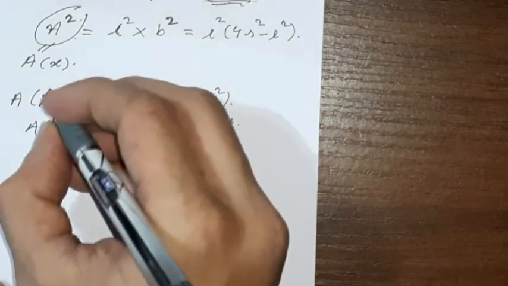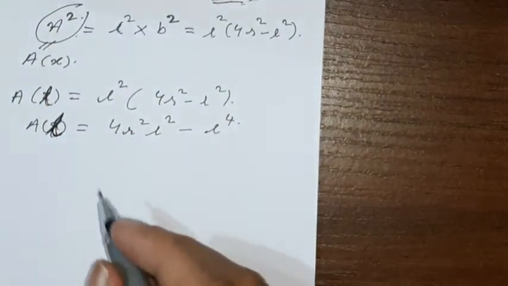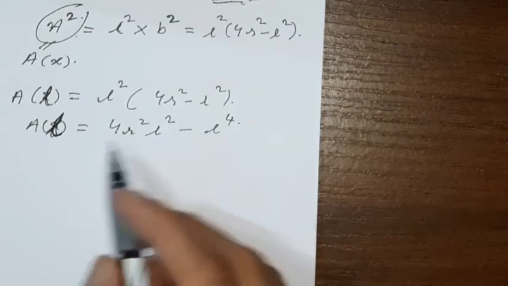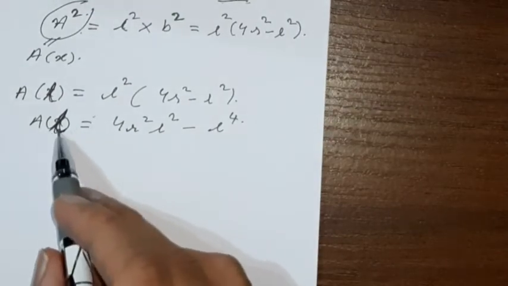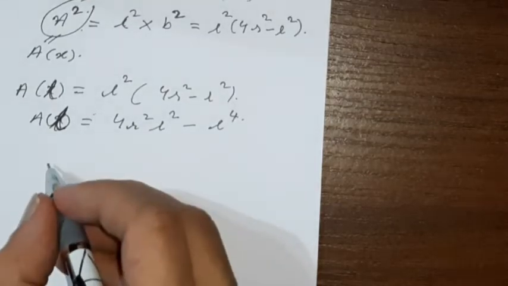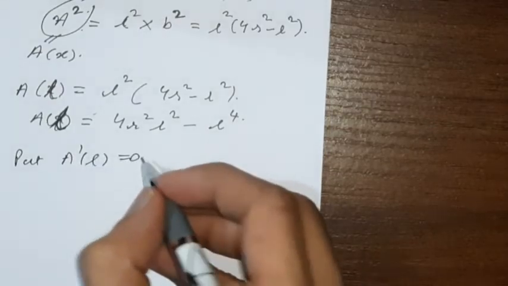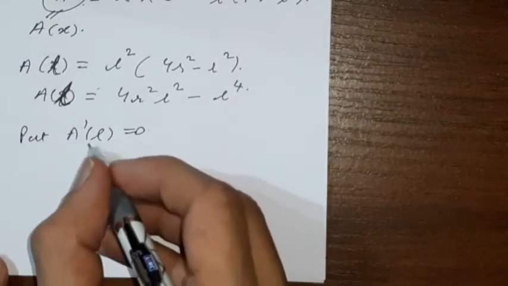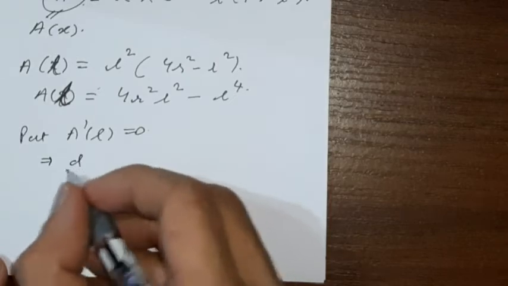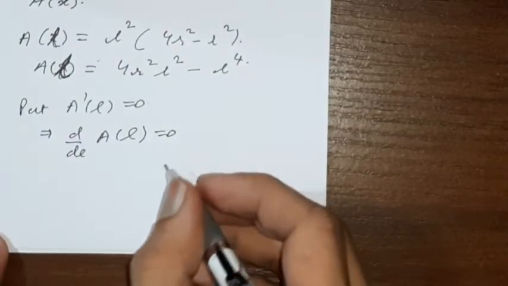So let us call this x as L, because the function is of length. So A(L) we have to consider and not x. Now put A′(L) equal to 0, right? So that means the derivative of the function A(L) equal to 0.